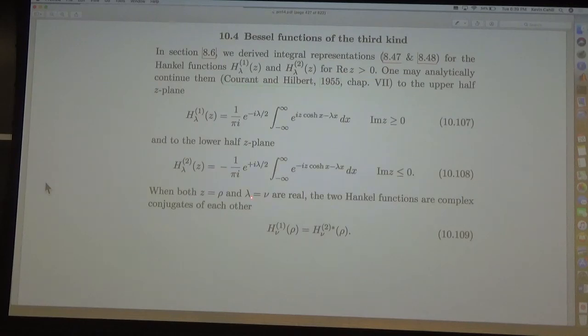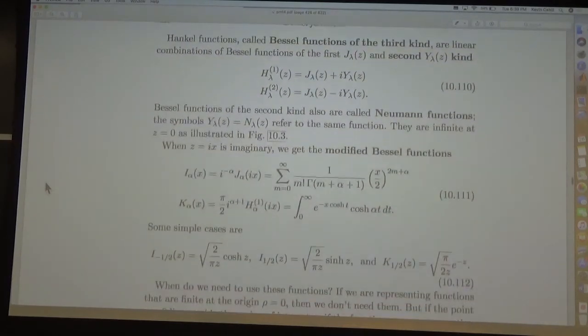When z is rho and lambda is nu, both real, they're complex conjugates of each other. If you look at their real and imaginary parts, the real part is the cylindrical Bessel function of the first kind. The imaginary part is the cylindrical Bessel function of the second kind, also called Neumann functions, and they're also called Weber functions.